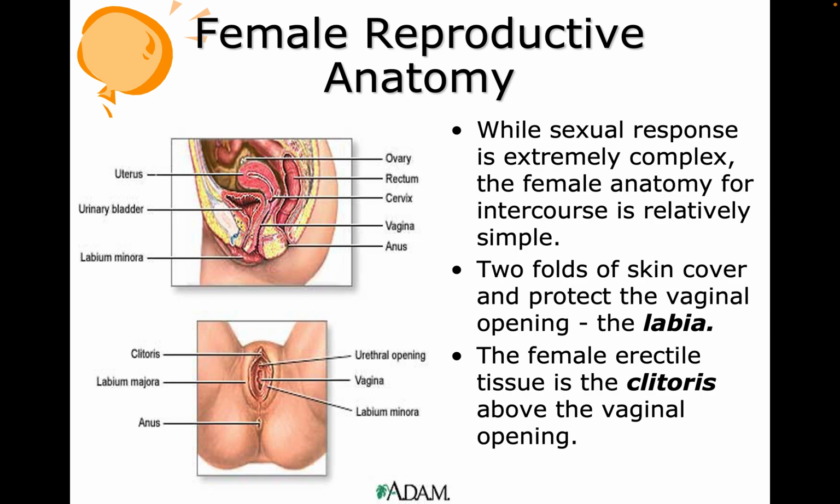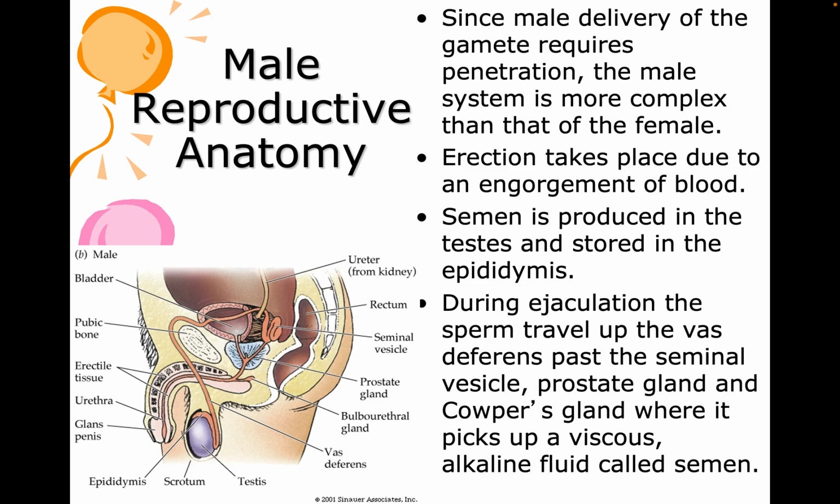And of course, if that happens, then the female will not be able to reproduce. So the female reproductive area has to be relatively acidic, and in order for the semen to neutralize the acidic reproductive tract of the female, the semen has to be very alkaline.